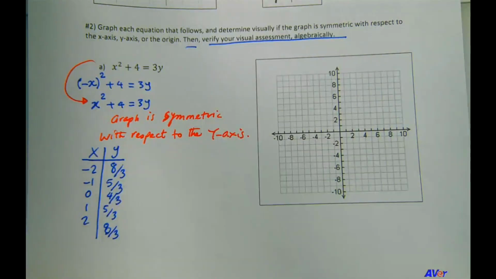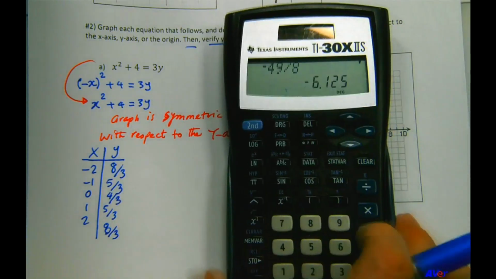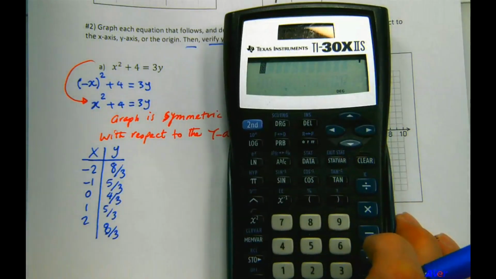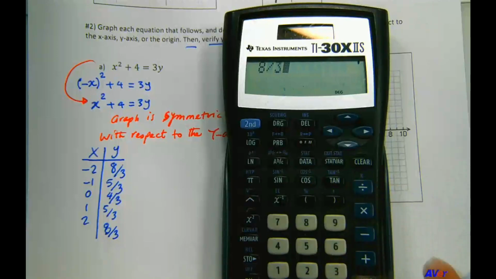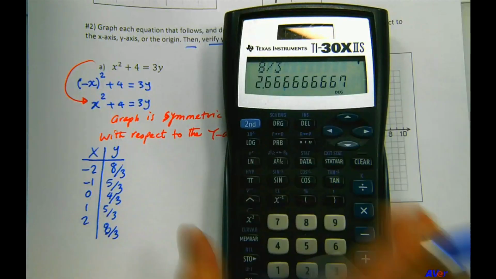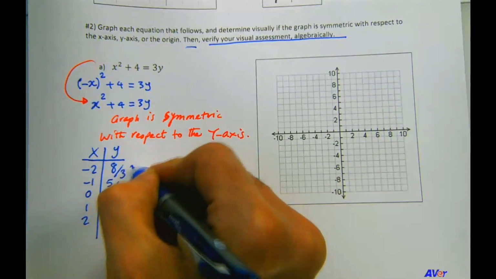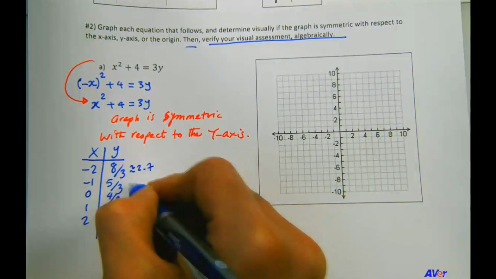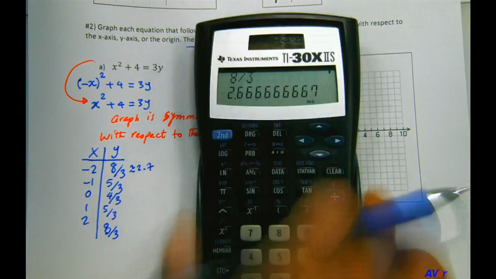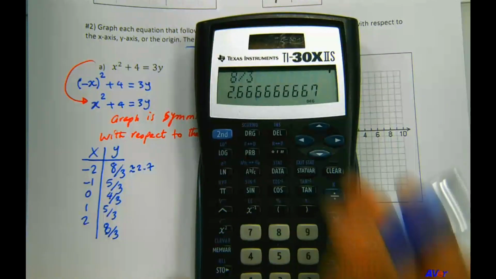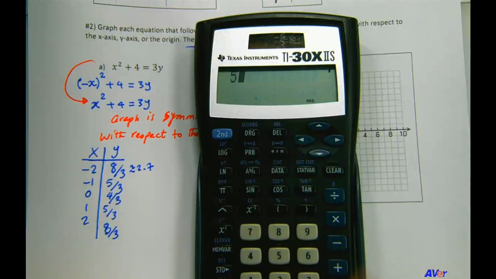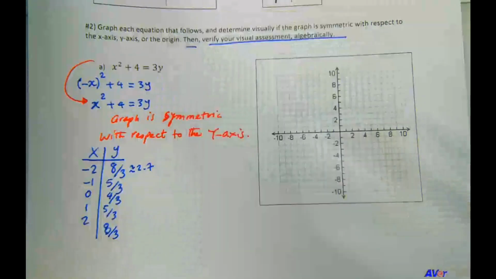Let's see what it is exactly. 8 divided by 3 is 2.7, let's say. How about 5 over 3? That'll be 1 point something. 5 divided by 3 is 1.7.